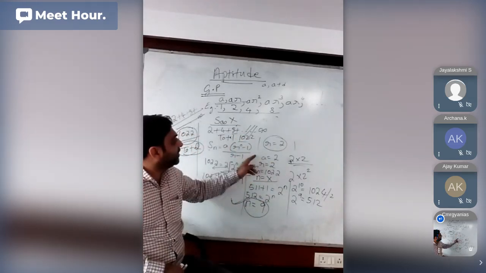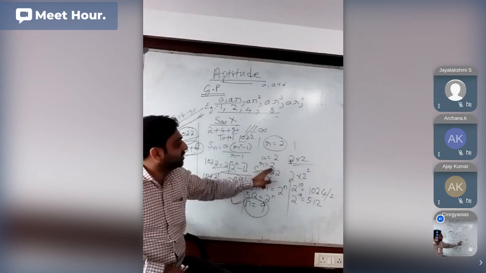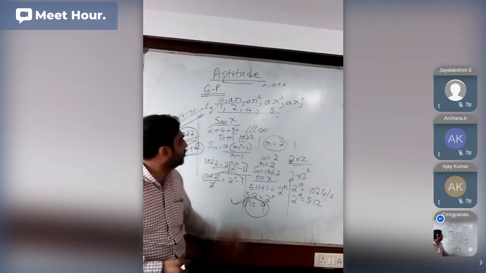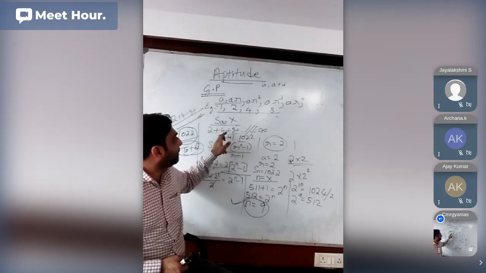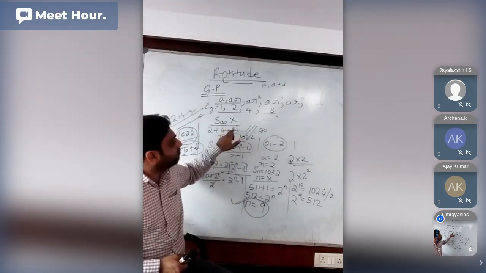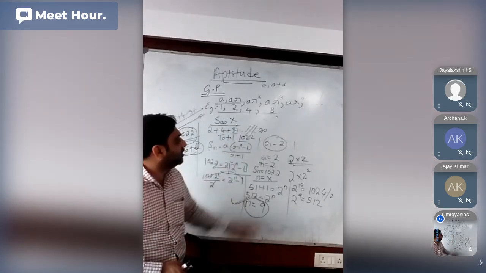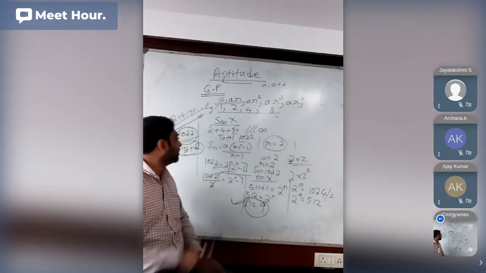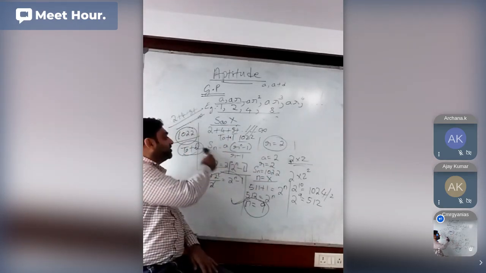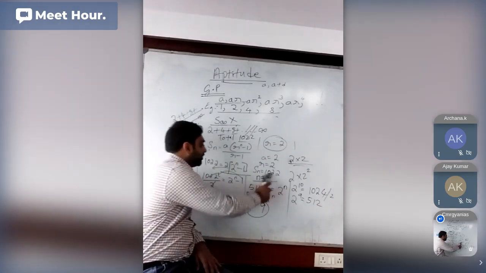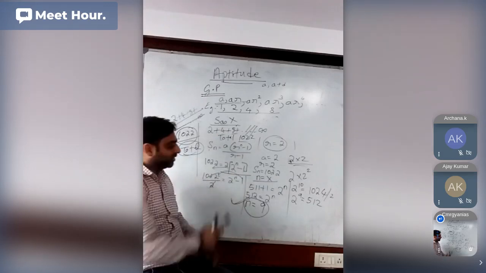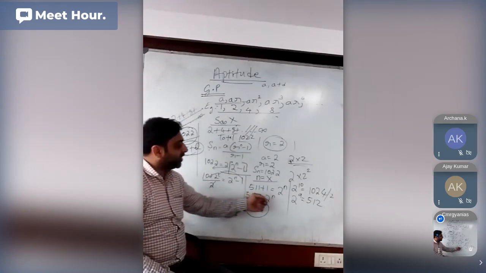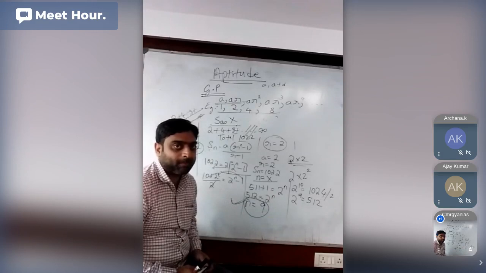So we have a equal to 2, r is equal to 2. I told you how we got r is 2, because a is 2, 2 into 2 becomes 4, then 2 into 2 square becomes 8. So like that, r is 2. Total S of n is already given, 1022. We have to find out n. Once you put it in this formula, we finally get 512 equal to 2 to the power n.